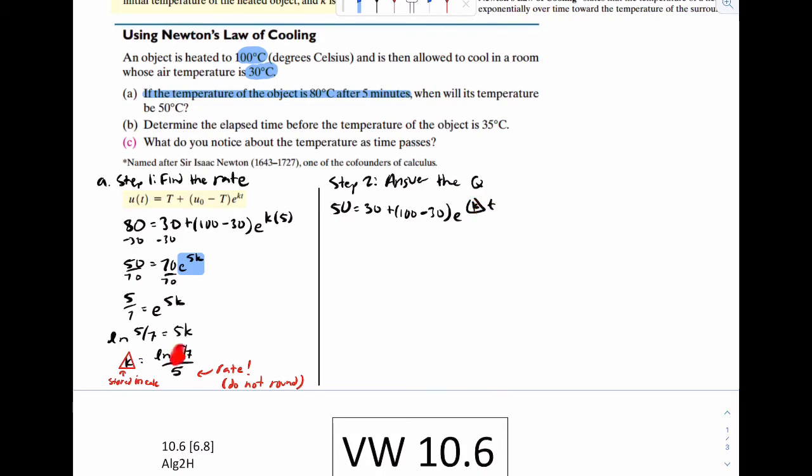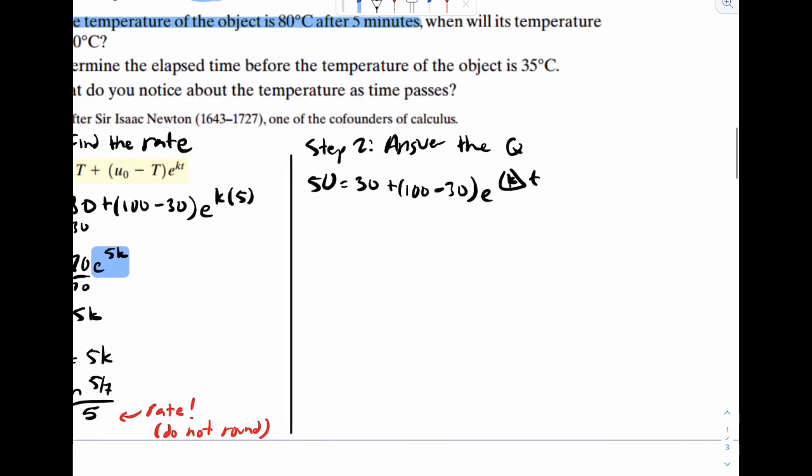This is this number right here. So now let's solve it. We're going to subtract, so 20 is equal to 70 e to the kt. Let's divide, and I'll put triangle there. Triangle kt, natural log 2 over 7 is equal to triangle kt.